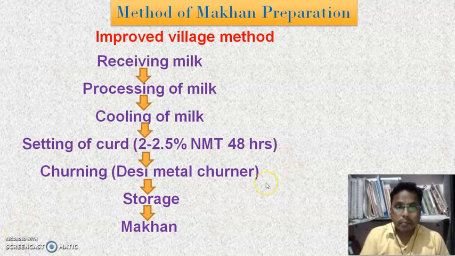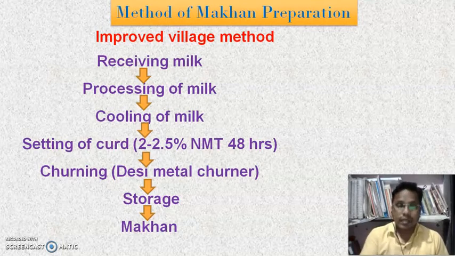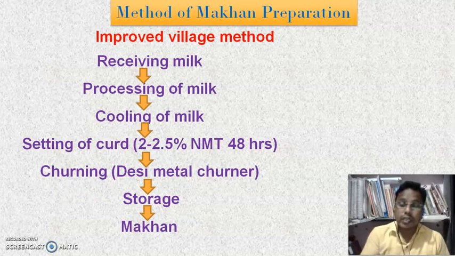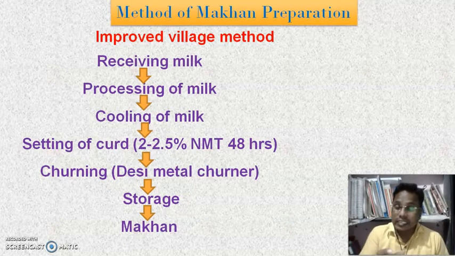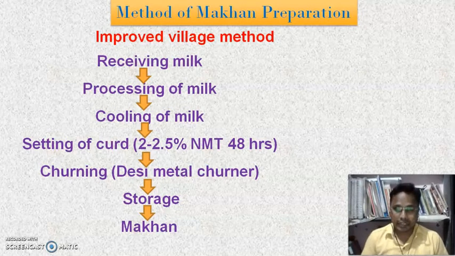This desi metal churner has a tap. When the churning process is completed, that tap is opened and the buttermilk is drained through that tap, and then it is closed again, and the same quantity of water as the dahi which was taken for the churning process is added for washing purposes, and then it is washed regularly.